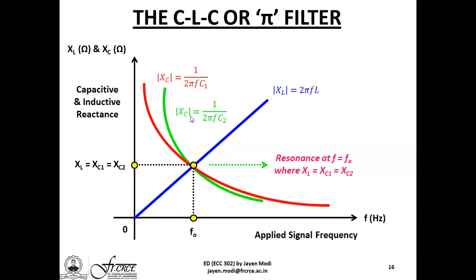This one is of XC2 given by 1 upon 2 pi FC2, while this indicates the inductive reactance given by XL equal to 2 pi FL. We will also have a condition in which, at a particular frequency of the rectified output voltage, we have resonance in which all three reactances are exactly equal.